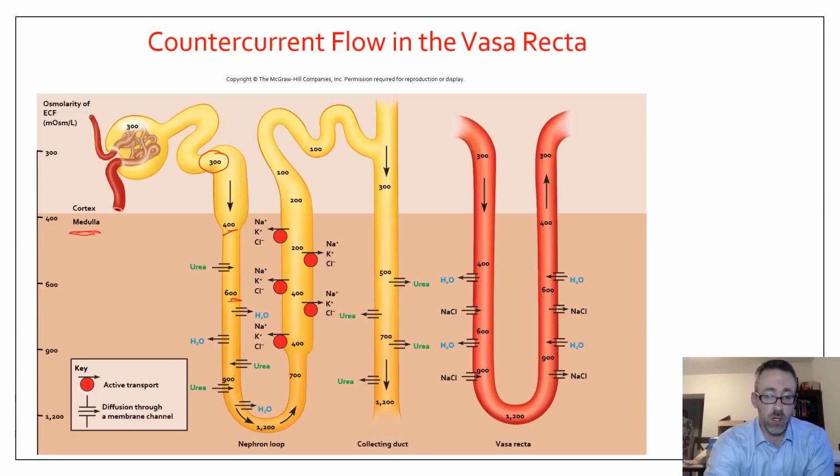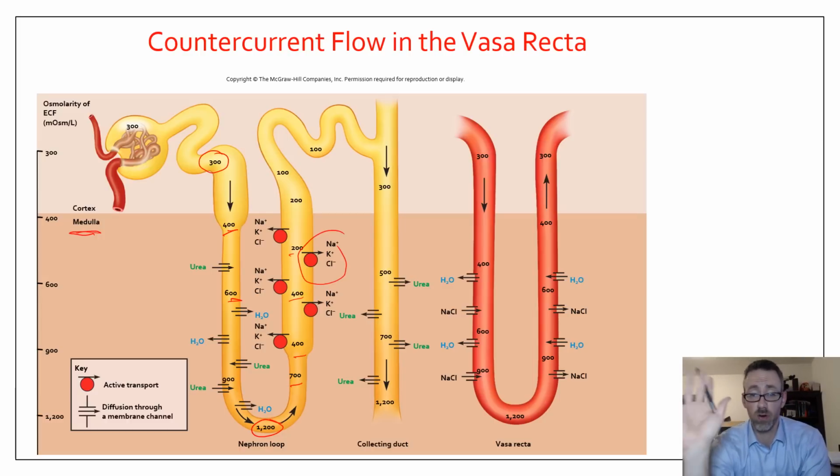It goes 400, 600, all the way up to 1200, rounds the bend, and becomes more diluted again because of these transporters. Sodium, chloride, and potassium are accumulating in the medulla there. This is all the stuff I went over on the previous slides; you're just seeing it again. So again, this is the countercurrent multiplier because it creates that gradient that will affect the descending limb and reabsorb that water.